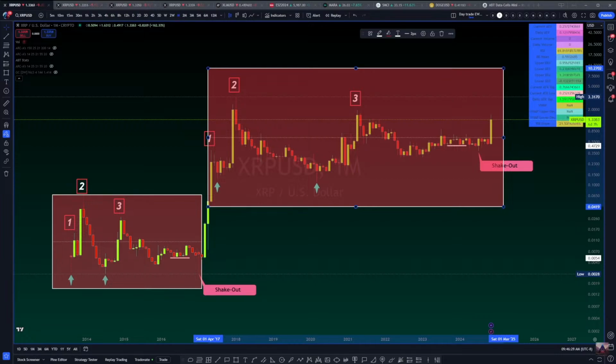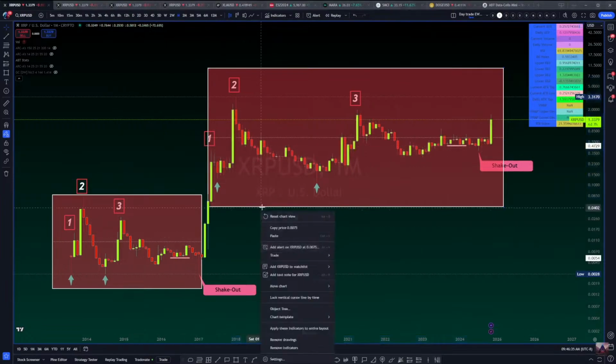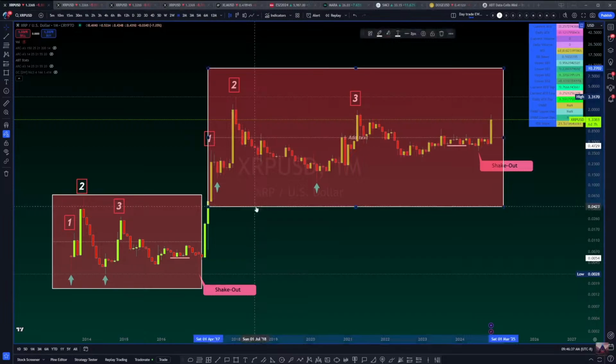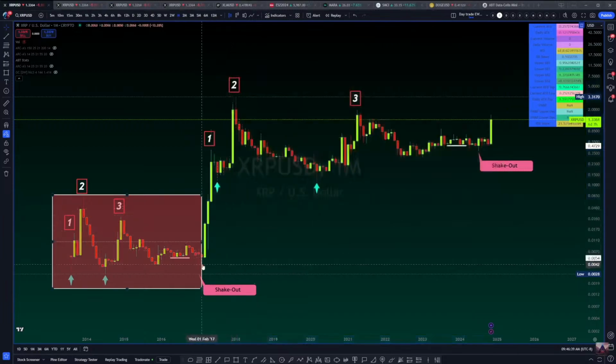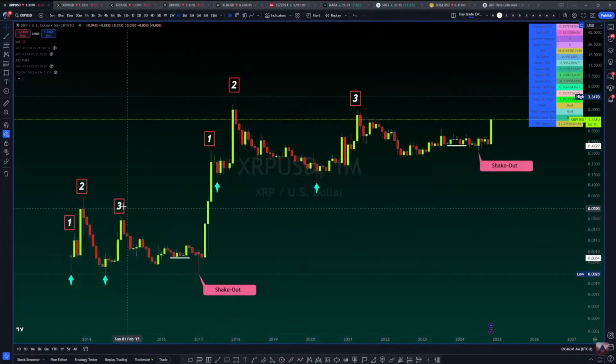So now that we can see that we have the fractal behavior between XRP in two very distinct time frames, and we can see the two phases repeating here almost to the T. We have the three pinnacles on top leading towards what could be the lower high structure, right? We have 1, 2, and 3.